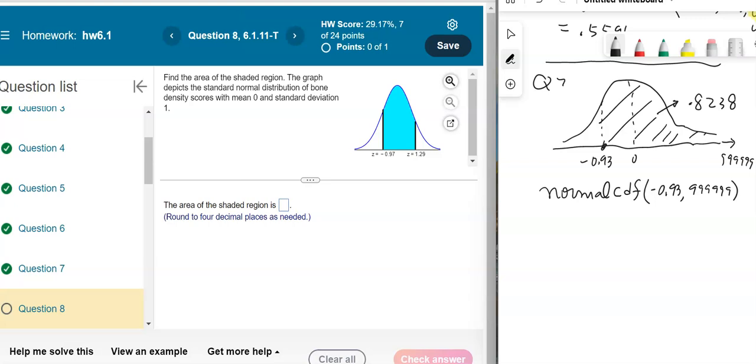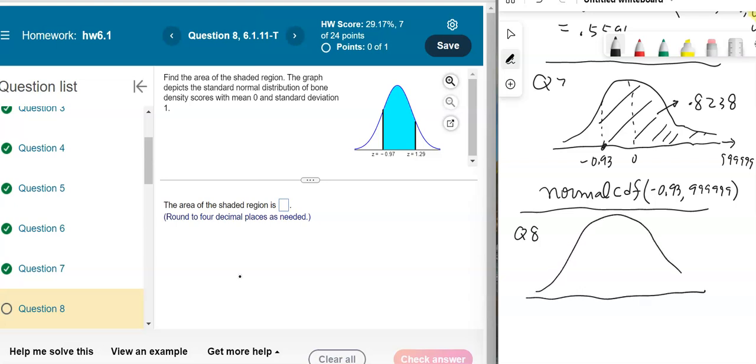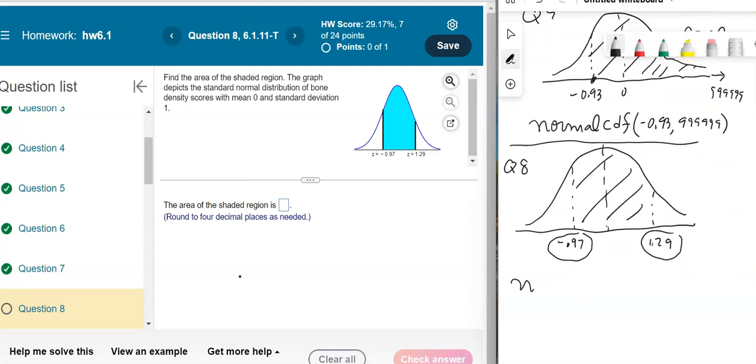Now they want you to find the area in between. So here you have a symmetric curve. This is negative 0.97, this is 1.29. This is the lower limit, this is the upper limit. So what you do here is normal CDF, negative 0.97, comma 1.29.